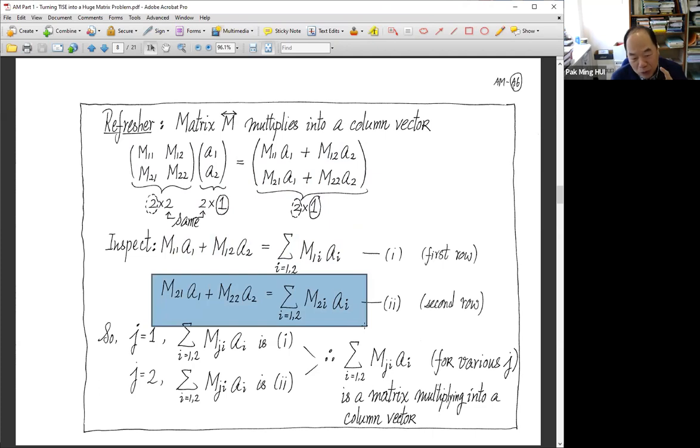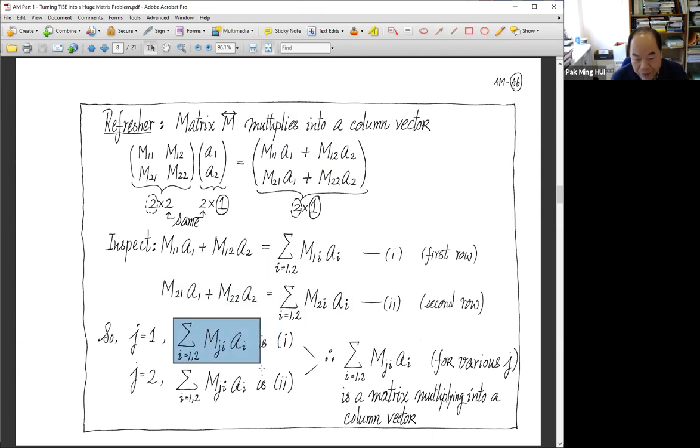So M_2I A_I. So therefore, these two things separately can be represented by a sum. This one, in particular, when J is 1. Okay, remember we pick a J. Meaning if we pick J being 1, we will get the first row. Okay, second row is J equals 2.